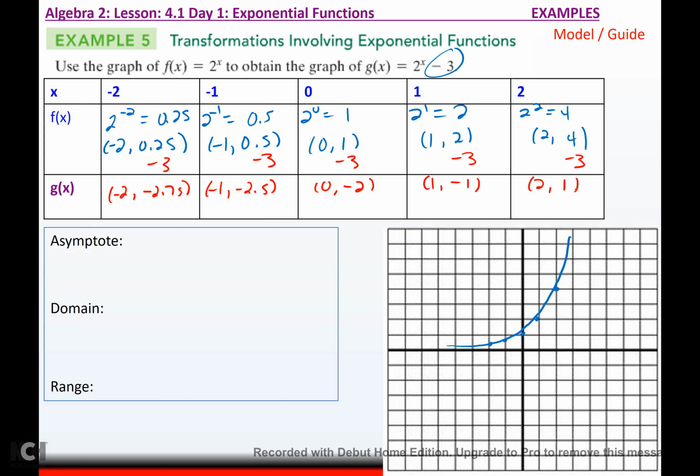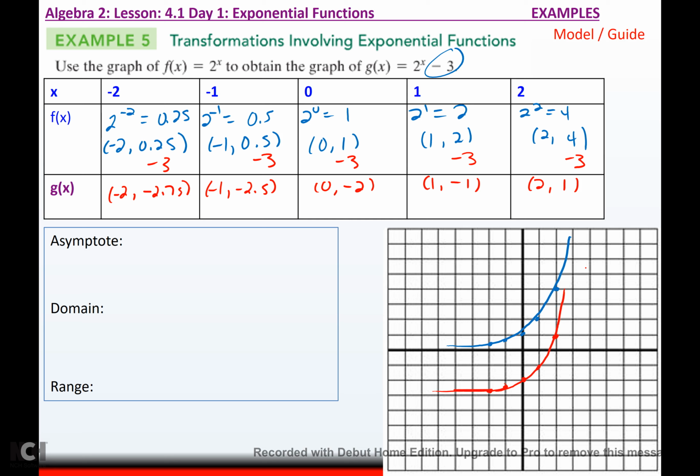Okay, so if I plot that, I'm going to have negative 2, negative 2.75, negative 1, negative 2.5, 0, negative 2, 1, negative 1, and 2, 1. And sure enough, this thing got shifted down 3 units.